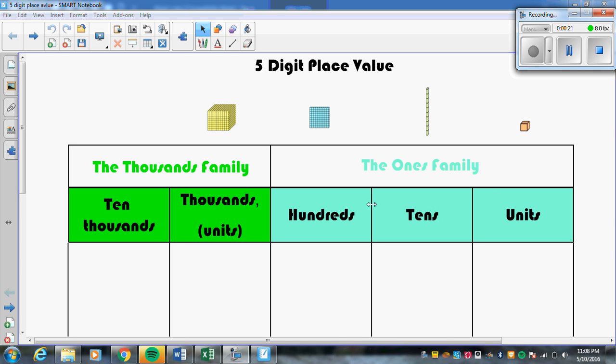Units, tens, hundreds. Okay, they're all in the one lot of 100 or 4 lots of 100, tens, and units. We then move into the thousands family, and you'll notice that I haven't put all of these in here. I'm wondering if you know which one this one in here is. You'll notice that they're very similar to the ones family.